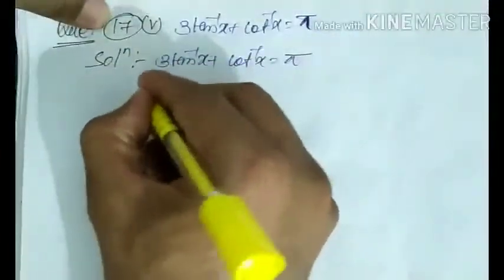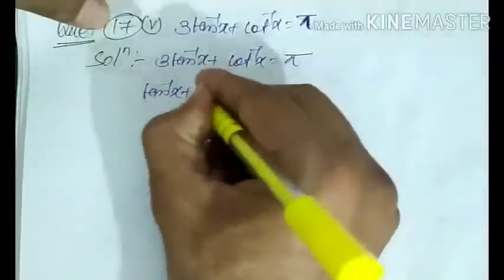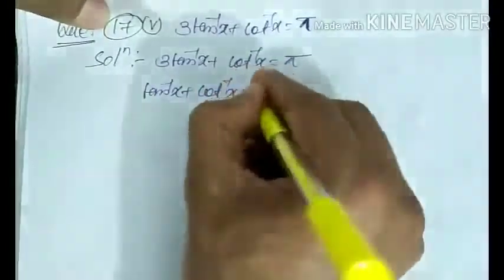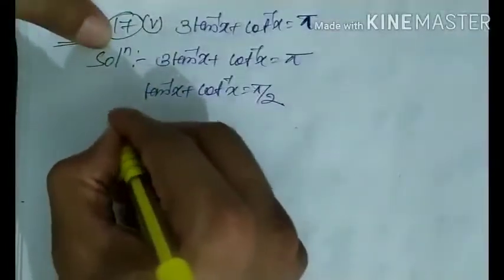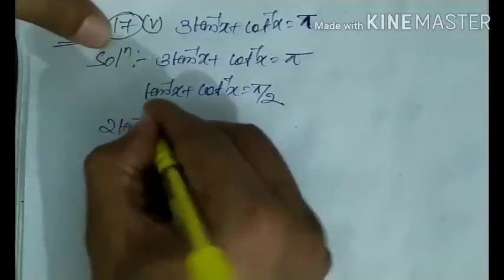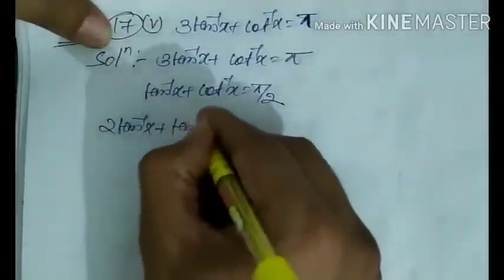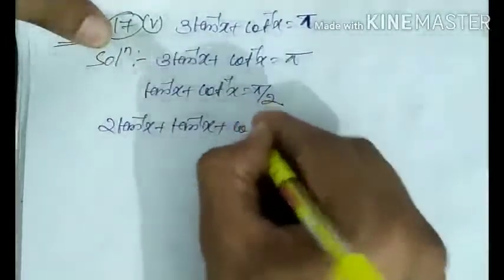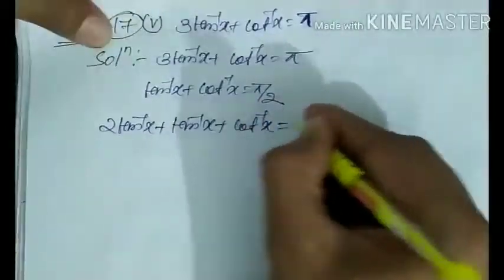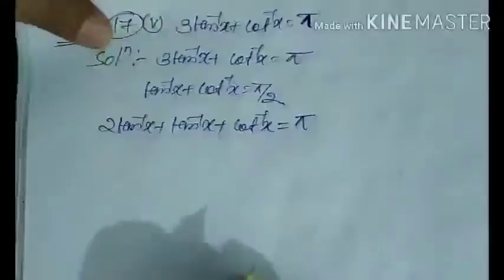As we know, tan inverse x plus cot inverse x equals pi by 2. With the help of this formula, this will be 2 tan inverse x plus tan inverse x plus cot inverse x equals pi.